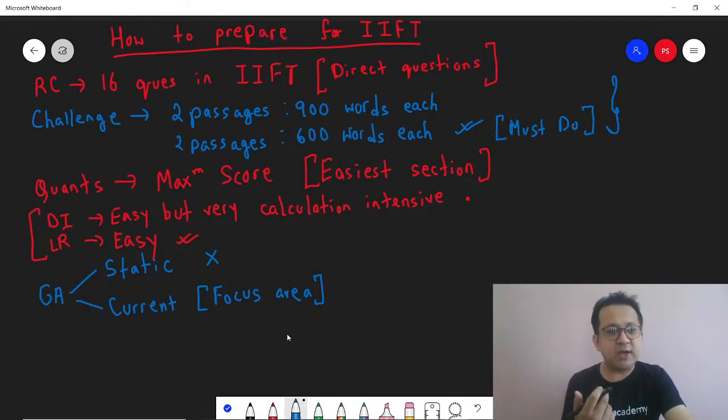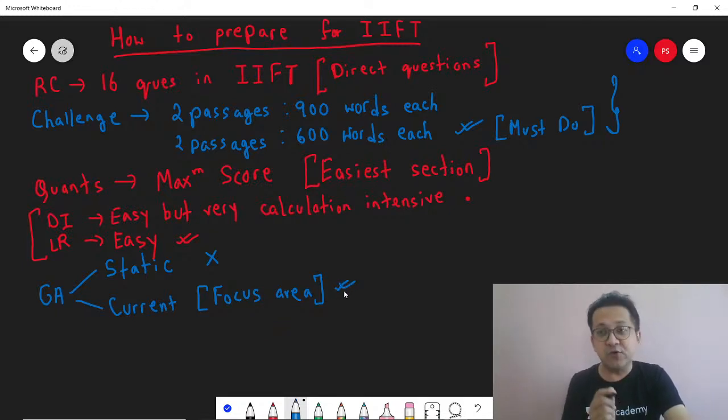Questions could be about a particular sport, which person got the gold medal in it, or which country won the largest number of golds in the recently held Olympics. Favorite questions. They might ask you about the Oscar awards. So get a book which will have the recent happenings and just read it once so that you are able to answer these questions.